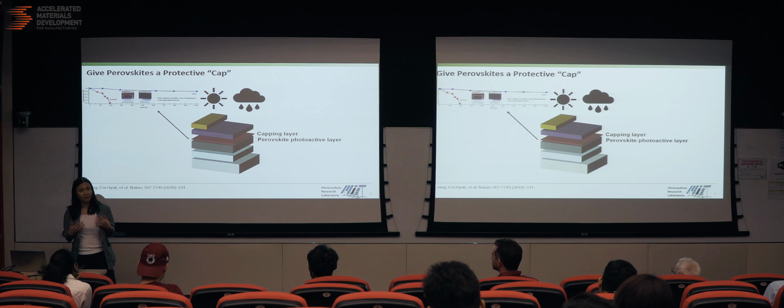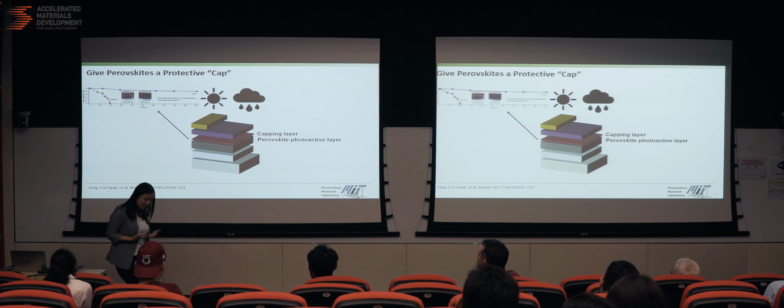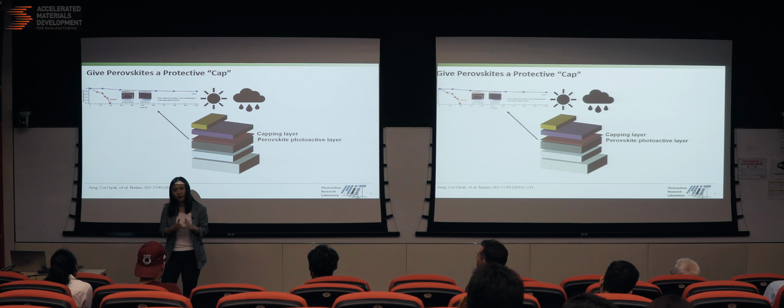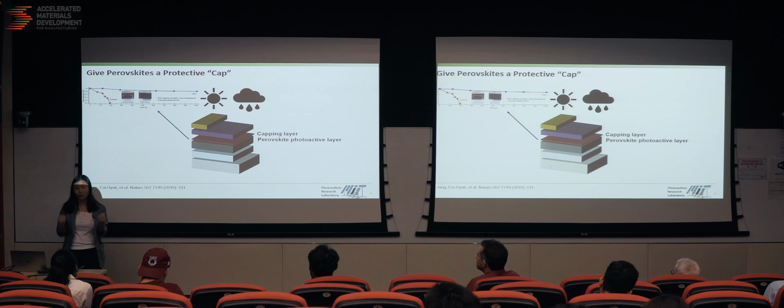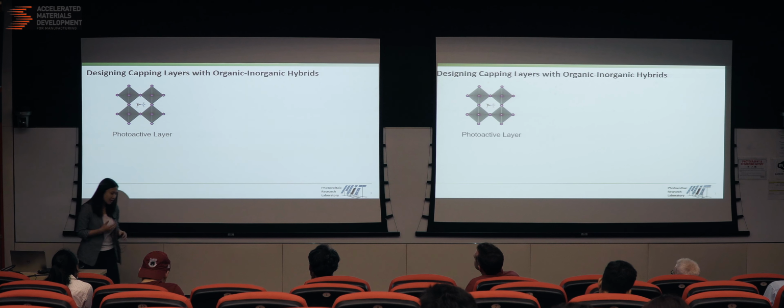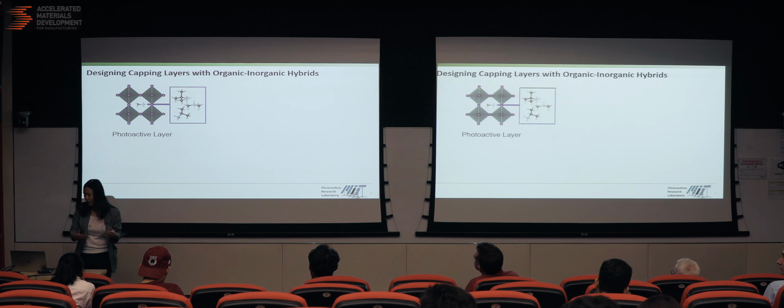Indeed, this is one of the hottest areas in perovskite photovoltaics at the moment, which is to extend your device lifetime by building a capping layer on top of your absorber. If we go one layer deeper, what is this capping layer? The photoactive layer, in this case, is a conventional three-dimensional perovskite material. On the A side here, you have a wide range of organic amines you can put in.